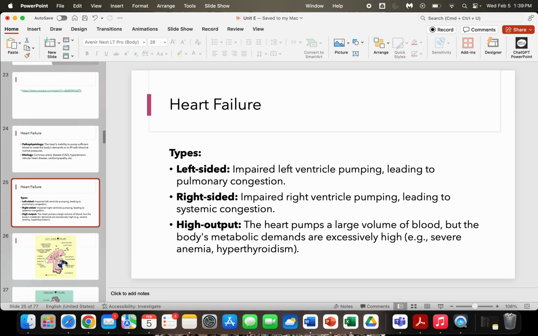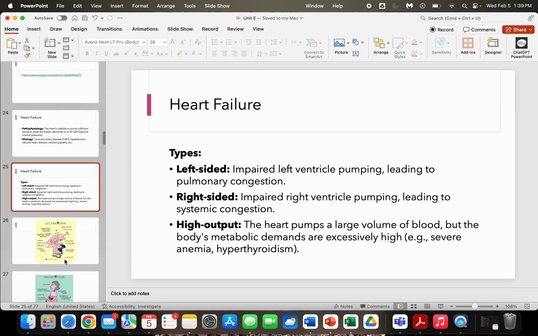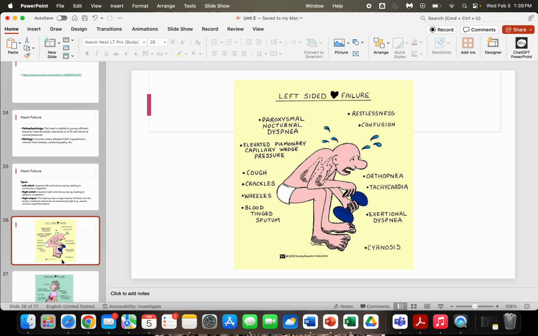I'm going to roll through my slides here, and I think it'll help us understand these pieces a little bit. If we're talking about left-sided heart failure, what's happening? The structures are on the left side of the heart. Let's revise our blood flow through the heart. This is why it's super important to know. Blood comes in from the inferior and superior vena cava through the right atrium into the right ventricle, up through the pulmonary artery into the lungs.